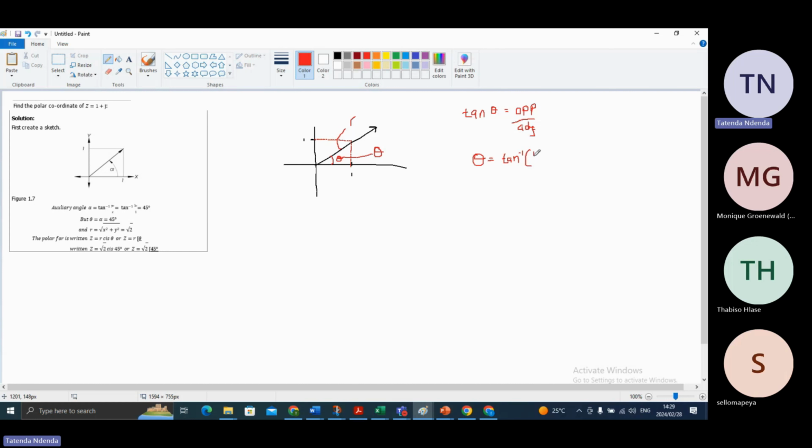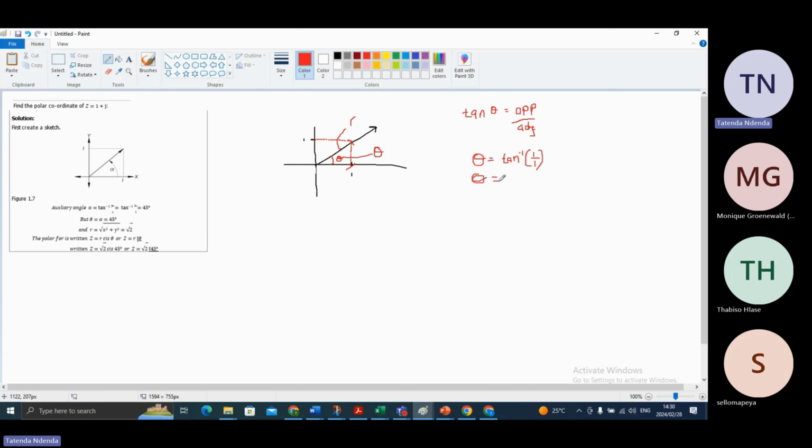Our opposite is 1 unit, from this point up to this point is only 1 unit, over 1. So theta now becomes tan inverse of 1.